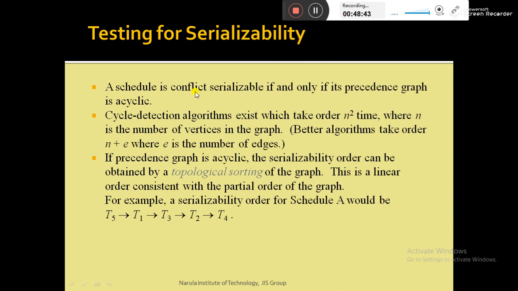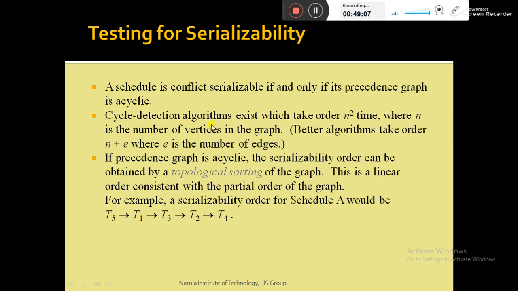A schedule is conflict serializable if and only if its precedence graph is acyclic. If the precedence graph has no cycle in it, then we can say the schedule is conflict serializable. But if a precedence graph has a cycle in it, then it is not conflict serializable.